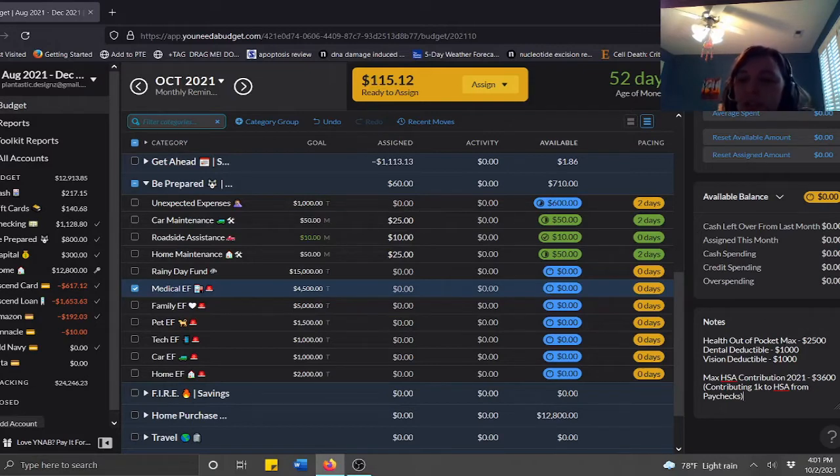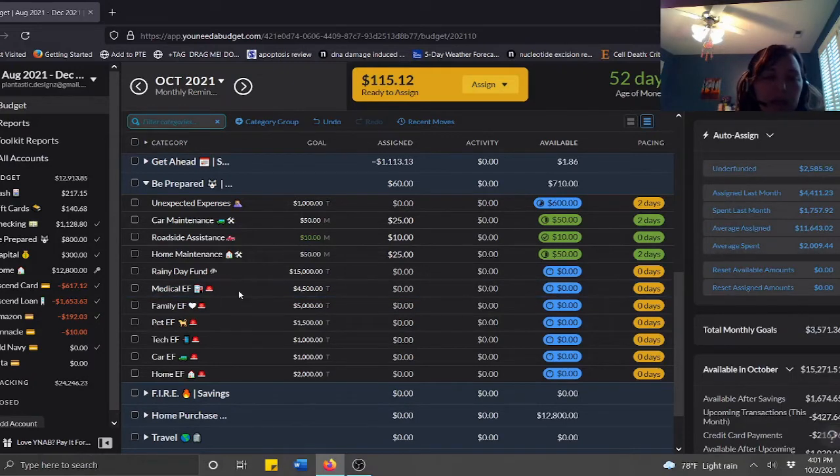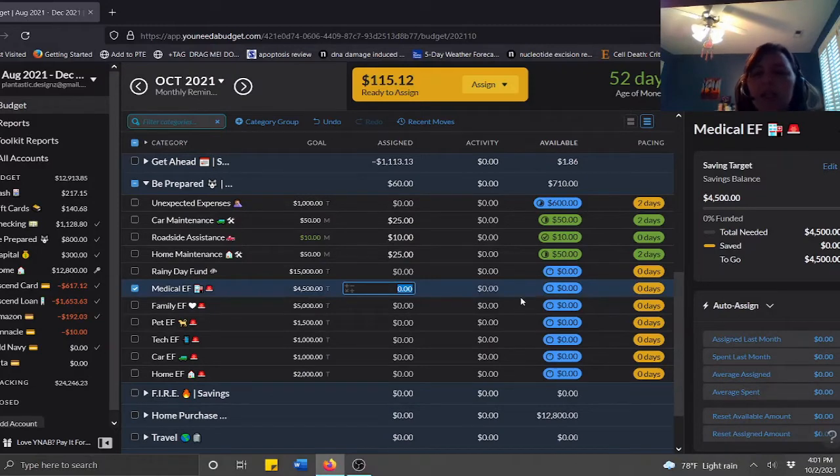And then this right here just says, for 2021, I can contribute $3,600 to my HSA. I'd like to have this set aside and put it in the HSA and keep rebuilding it each year or something. I watch another YouTuber on here who does YNAB videos, and her name is Gen Z Finance or Zennial Finance, and she is really good about getting a year ahead on emergency funds and all of that.